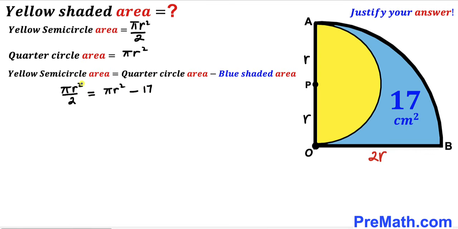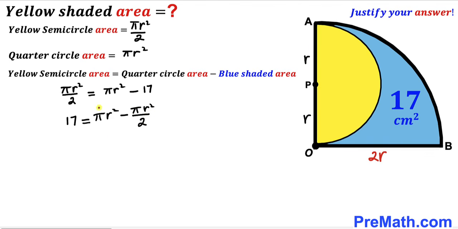Now I'm going to move the left hand side pi r square divided by 2 to the other side, and at the same time move the negative 17 in the opposite direction, so it becomes positive 17 equals pi r square minus pi r square divided by 2.